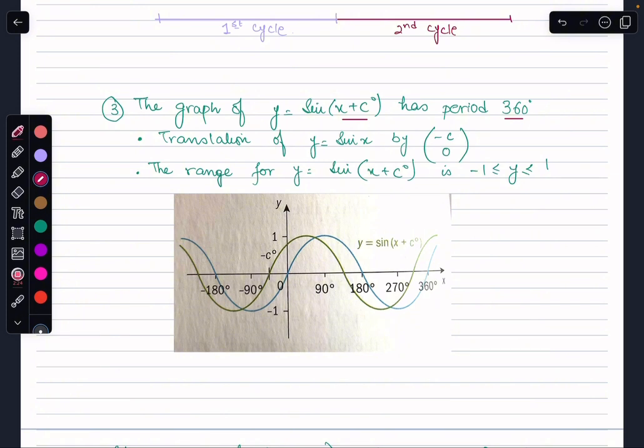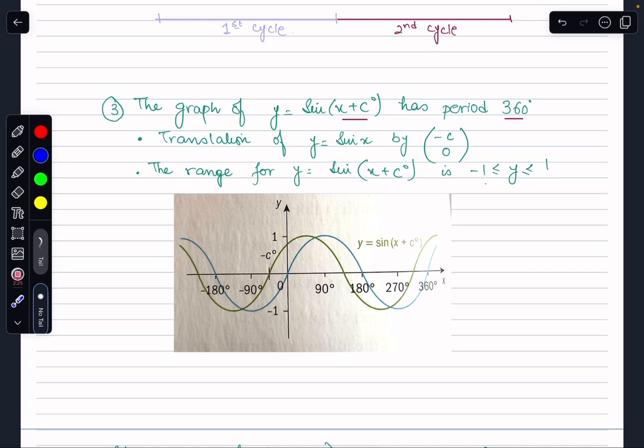Now this is going to be the translation of y equals sine of x by negative c and 0, meaning it should get translated along the x-axis by negative c, and no translation with respect to the y-axis here. And the range for y shall be negative 1 less than or equal to y, which shall be less than or equal to 1. This is going to be the range of y.